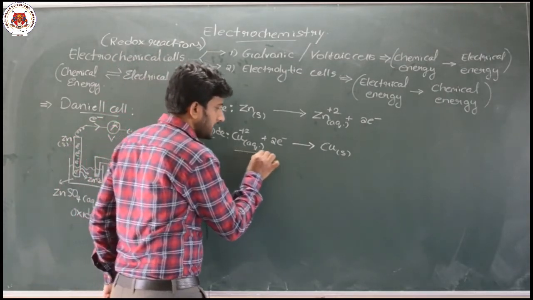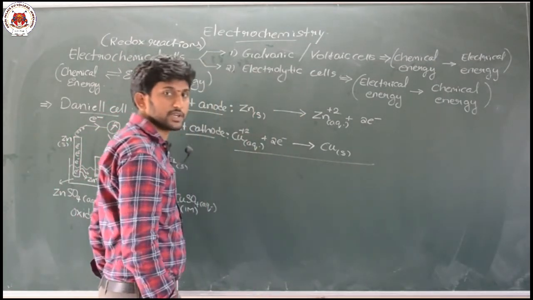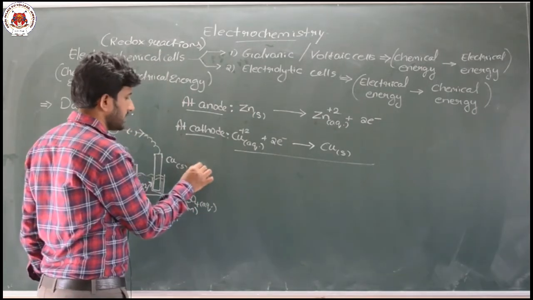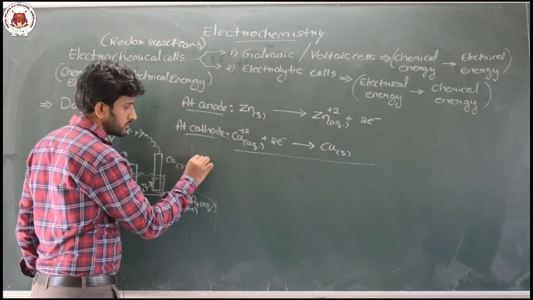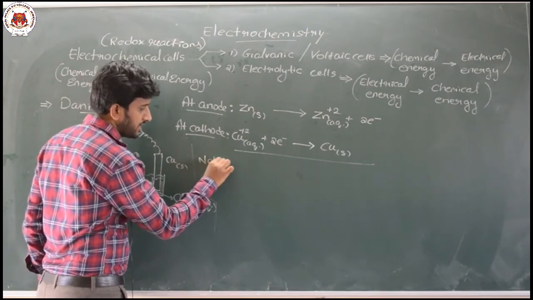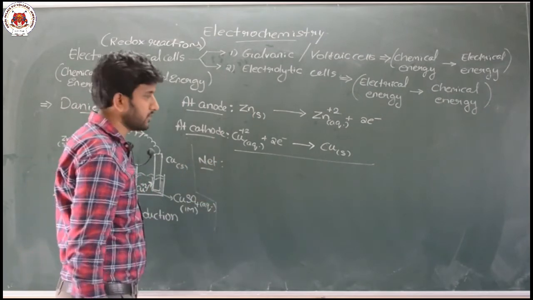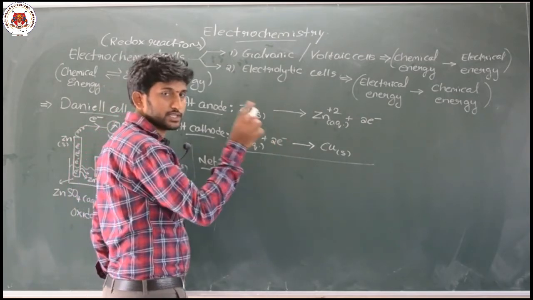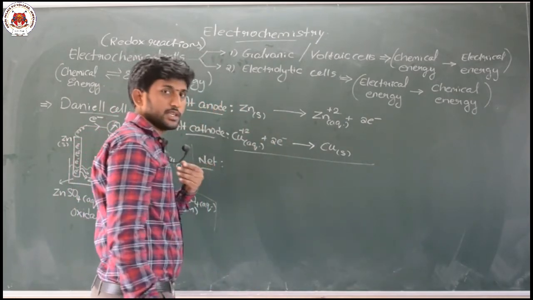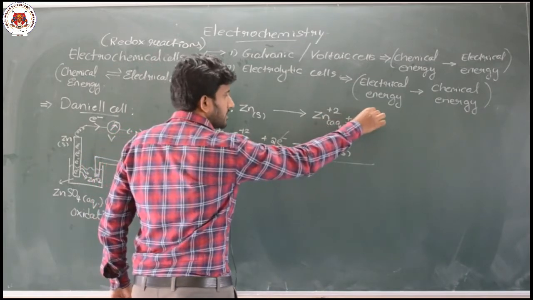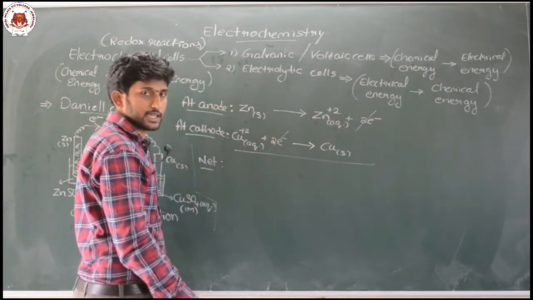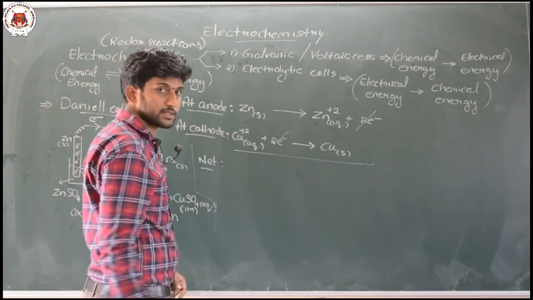Now if I consider the net equation, combining these two, then what will be the net equation? As you have seen in redox in first year, left side electrons and right side electrons get cancelled and you add the equations, right?